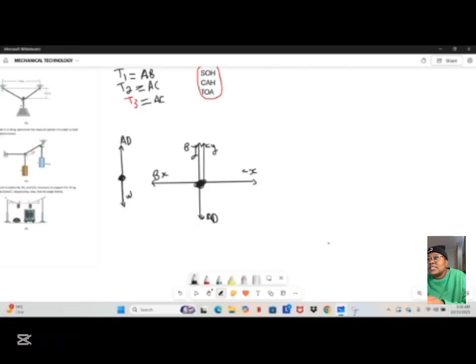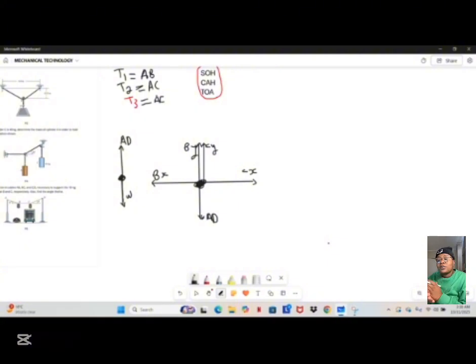We have SOHCAHTOA, two trigonometric ratios which are going to help us find the angle here, and we're going to use the tangent, because it is opposite over adjacent.